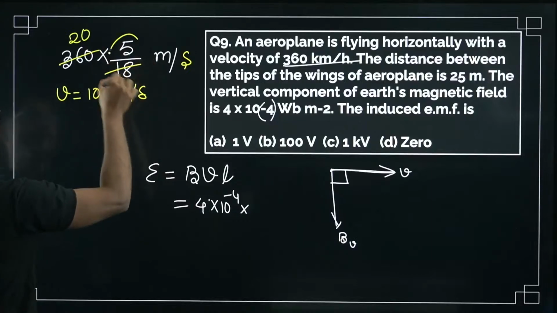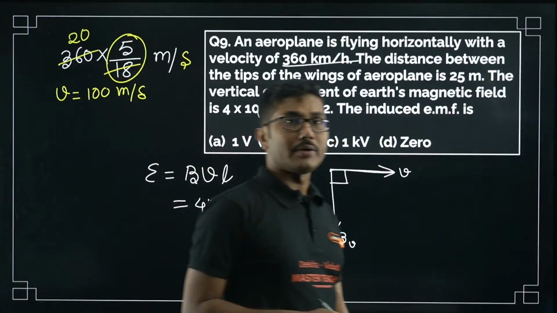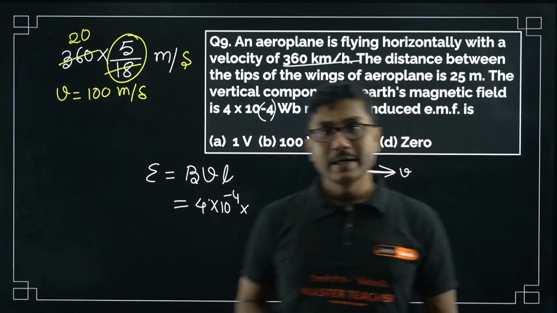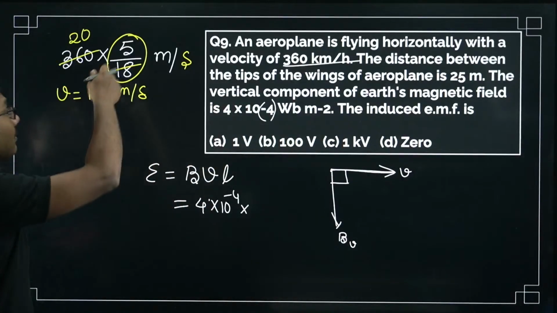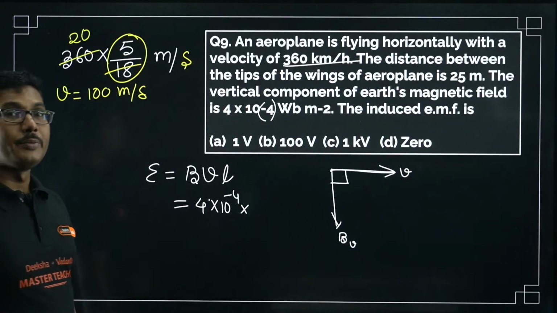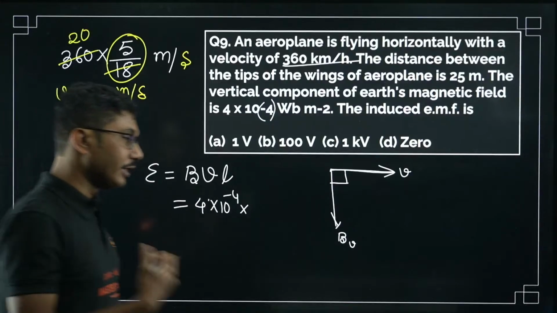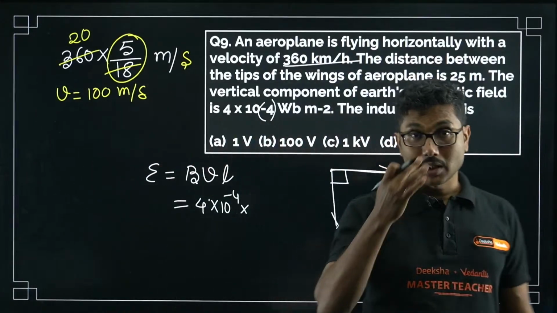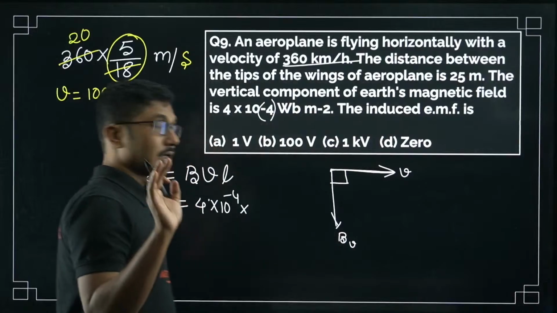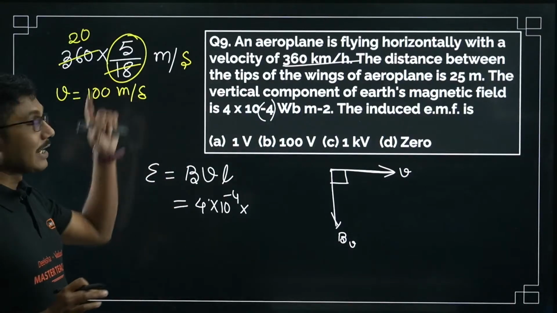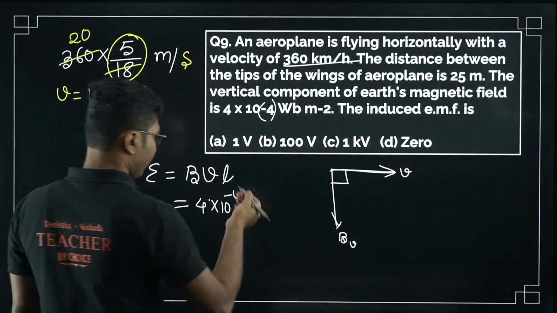I hope you know this factor, how to convert kilometer per hour to meter per second directly. If you don't know, you have to remember it. 5 by 18 for kilometer per hour to meter per second. You don't need to convert meter per second to kilometer per hour. It never comes like that.